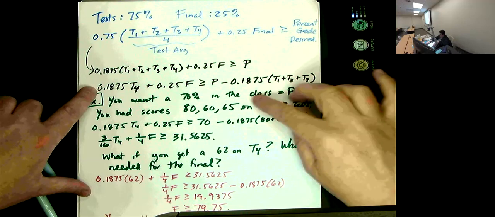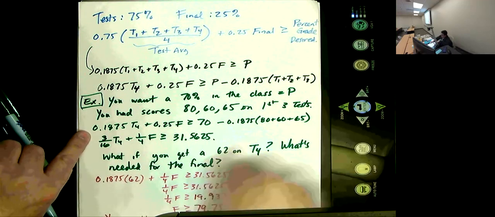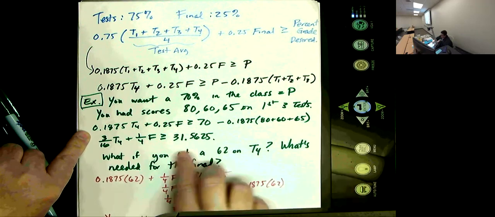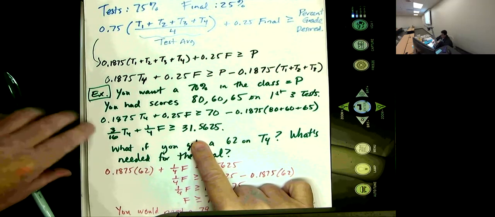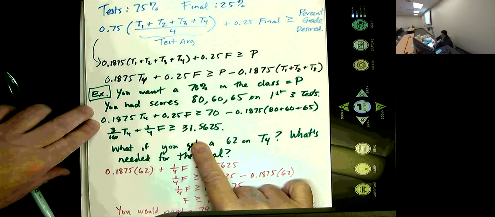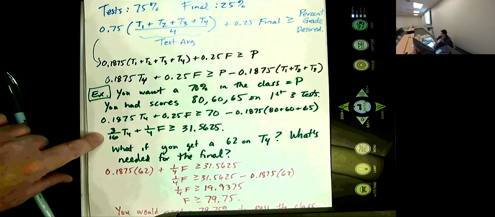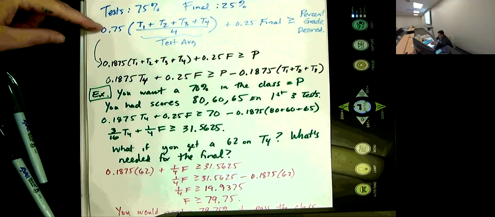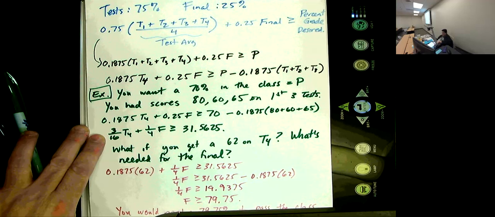So if you want a 70%, let's say you had 80, 60, and 65, you plug them in over here, you work that out, and I got 31.5625. That equals 0.1875 of T4 plus 25% of the final. 0.1875 is 3/16, because 75% is 3/4 times 1/4 is 3/16. So I just got tired of writing the decimal there, to be honest.